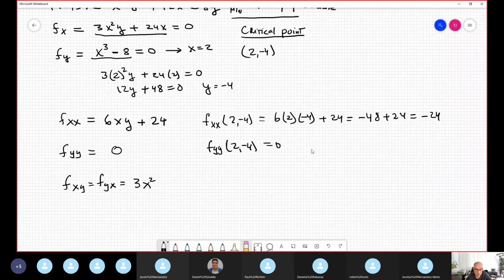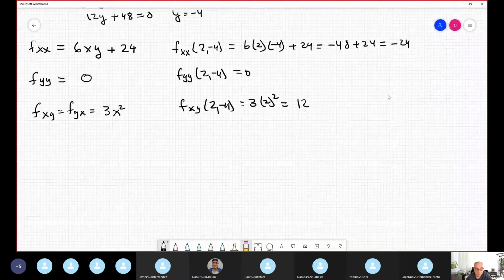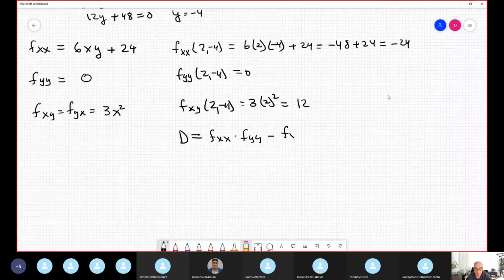And this is fxy, fyx, and at the point (2, negative 4) it is 3 times 2 squared, which is 12. Entonces, the discriminant, capital D, the formula is fxx times fyy minus fxy squared.